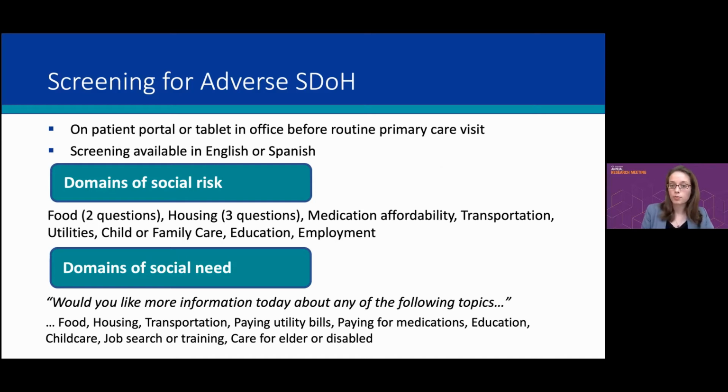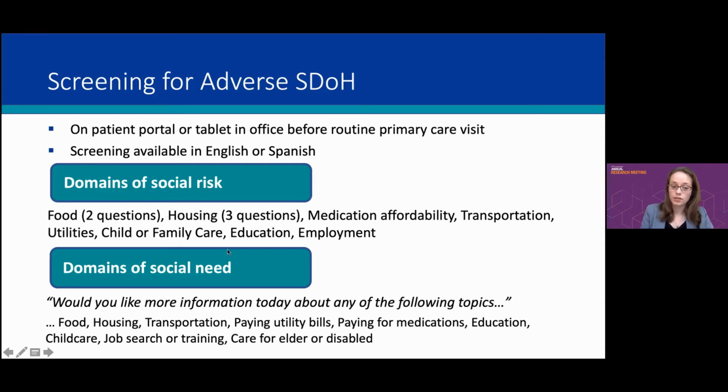Our social determinants of health screening involves 13 questions. We screen for 8 domains of social risk using standard screening questions. So this includes 2 questions for food using the hunger vital signs, 3 questions for housing, asking about both current housing and housing stability, as well as questions about medication affordability, transportation, utilities, child or family care, education, and employment.